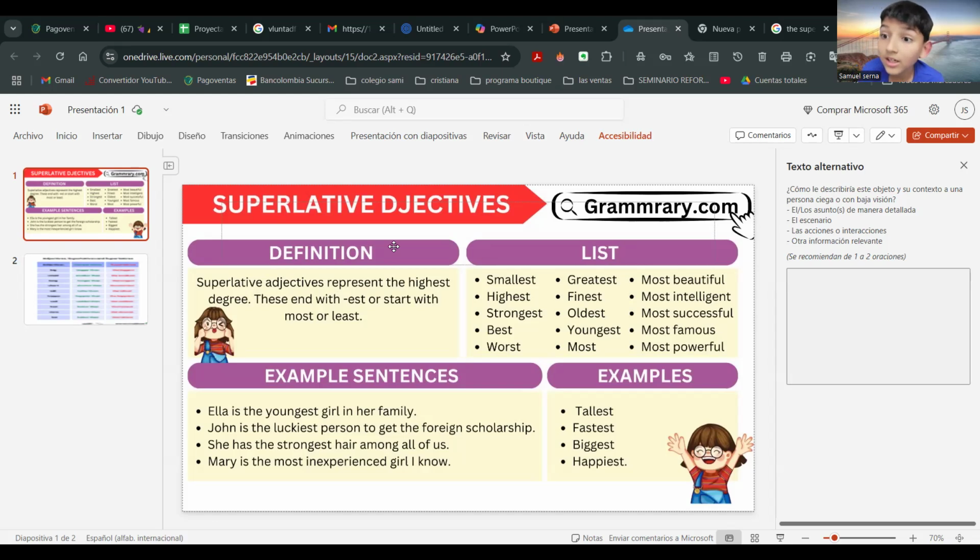You can understand what the word of superlative adjectives is. The word has est at the end. It is a superlative adjective. It has est. You can look at the example of John.